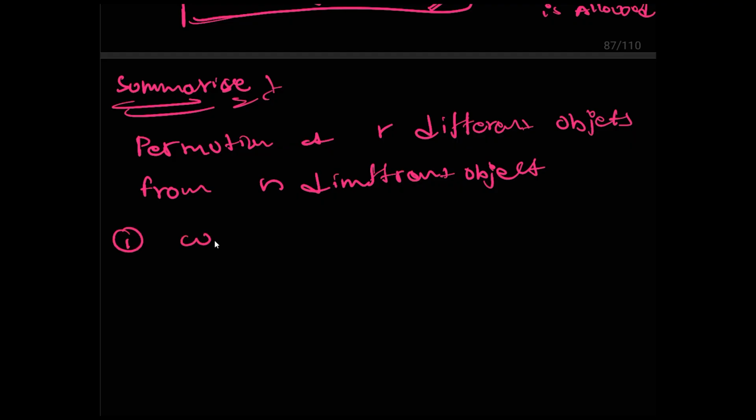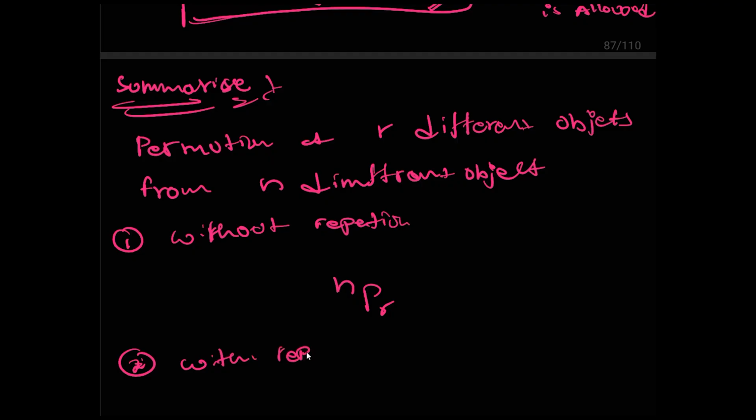First one, without repetition, will be nPr, and with repetition it will be n power r. Hashtag means number of ways.